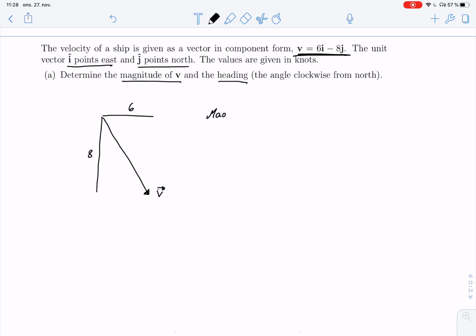Well, the magnitude, that is what we call the absolute value of V, or simply V without the arrow. That's simply the magnitude, and we use Pythagoras to find that. That would be 36 plus 64, which is 100, so this will be 10 knots.